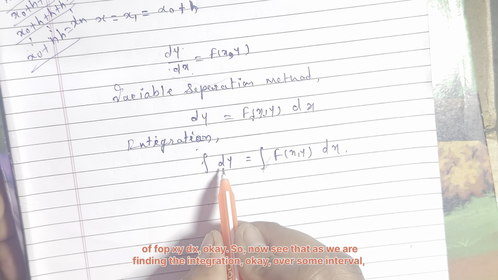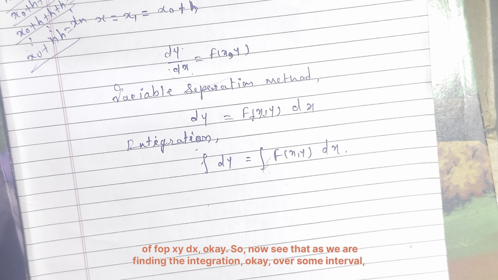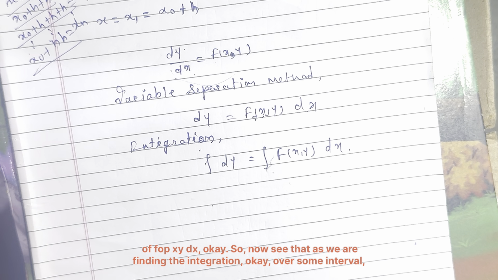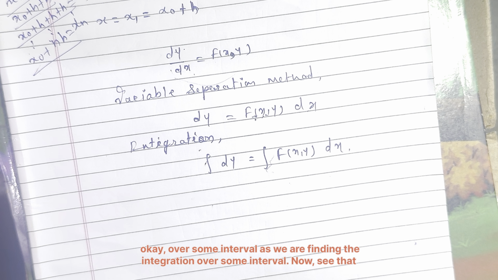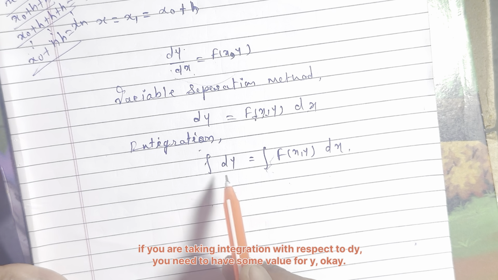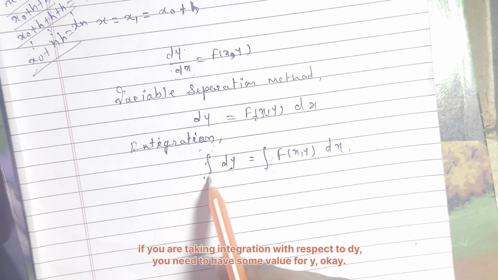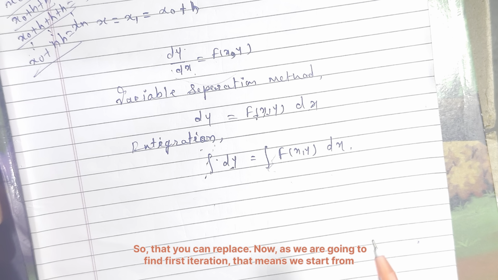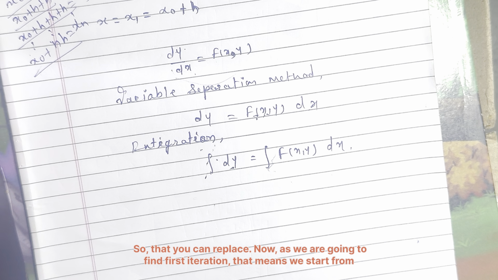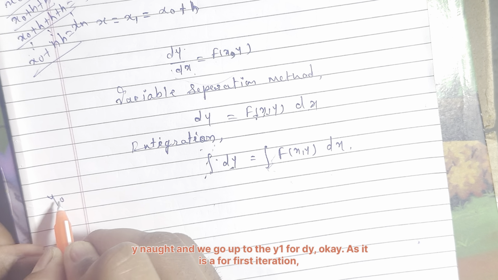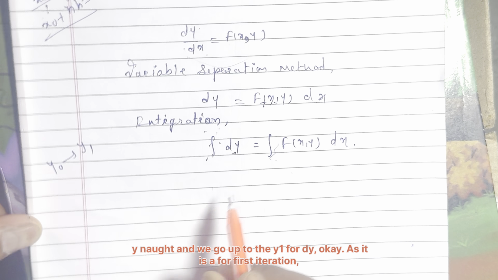Now see that as we are finding the integration over some interval, if you are taking integration with respect to dy, you need to have some value for y, so that you can replace. Now as we are going to find the first iteration, that means we start from y0 and we go up to y1 for dy.